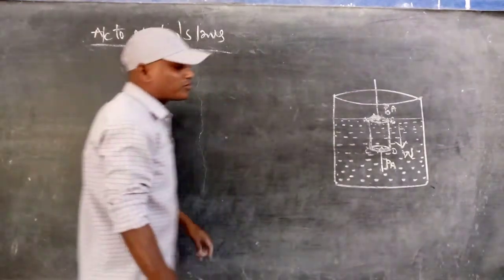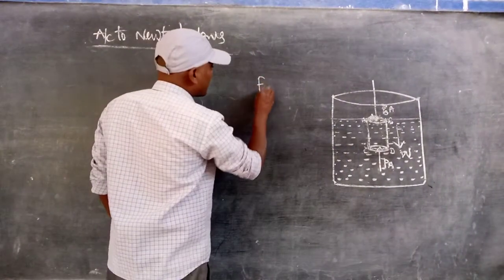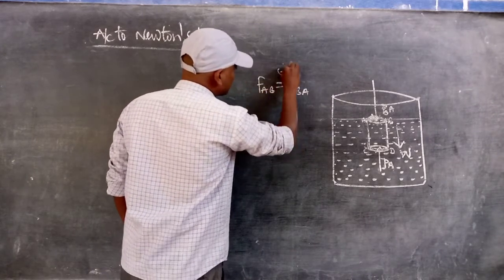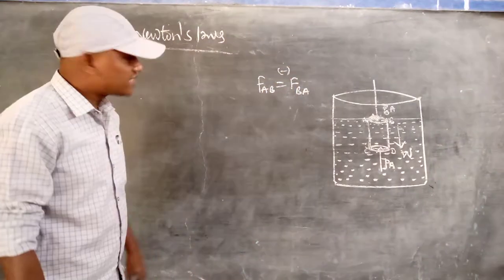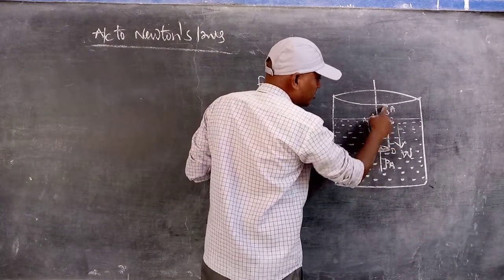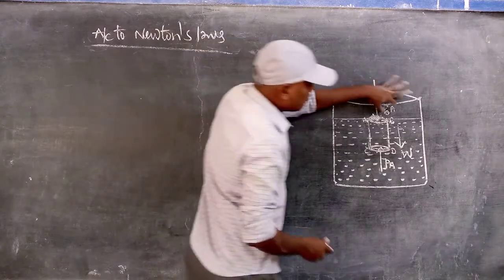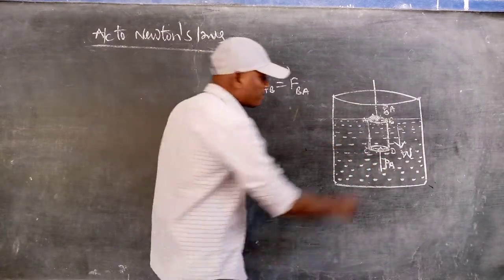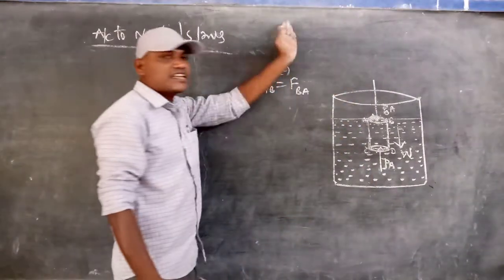That's why, what we know, according to Newton's law, F of AB is equal to F of BA, and the direction is negative. F of AB means here P naught A and W, these two forces are acting on the body vertically downward. But PA is acting in the opposite direction.